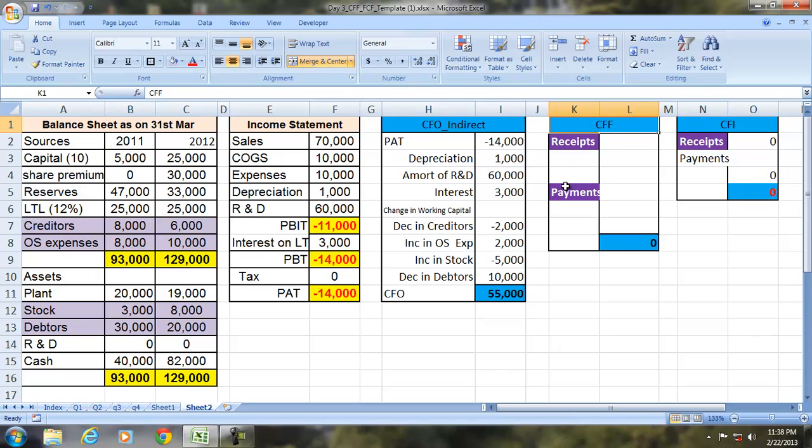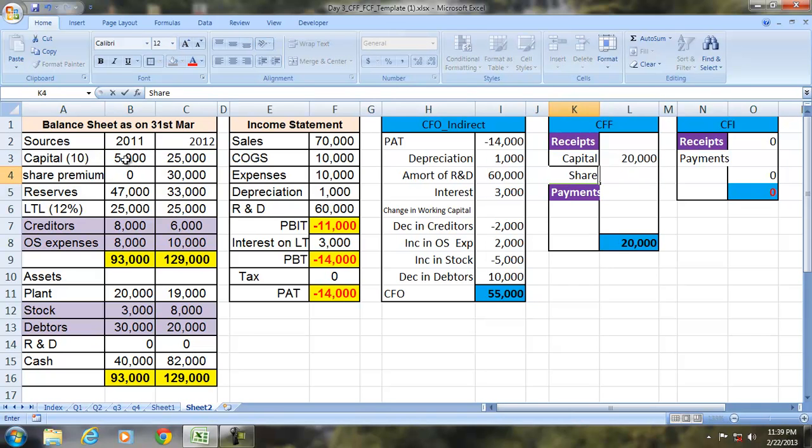Then we'll find the cash from financing decisions. The receipts are the capital, premium, the changes in the reserves and changes in the long-term liabilities. Capital shows an increase of 20,000, so we assume that to be an issue of shares.